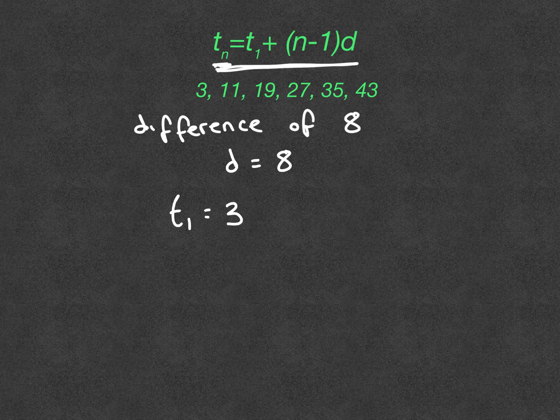So the equation that we can use to describe this series becomes t_n, any term in the series, equals 3, which is the first number in the sequence, plus (n minus 1) multiplied by d. Now d in this sequence is 8. So this becomes the equation for this sequence.